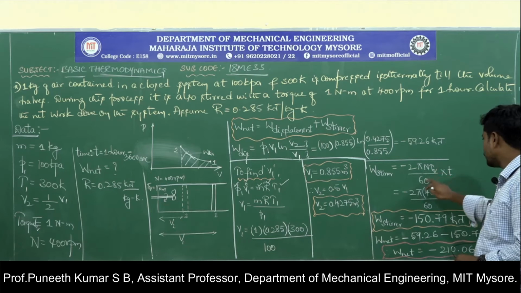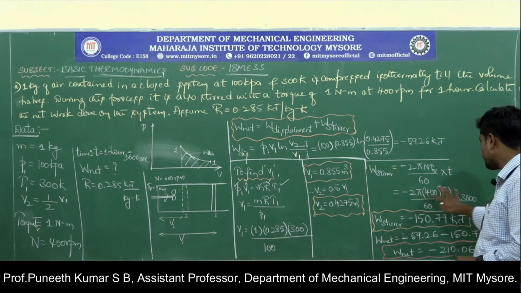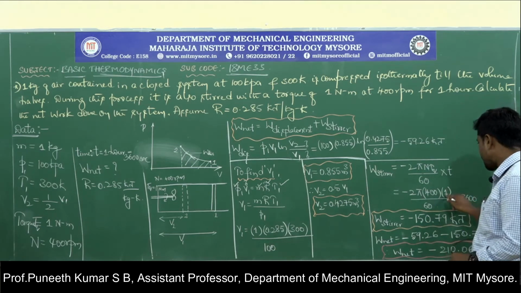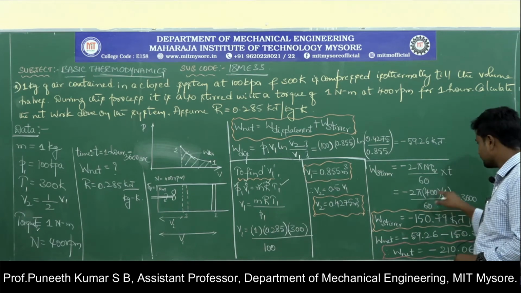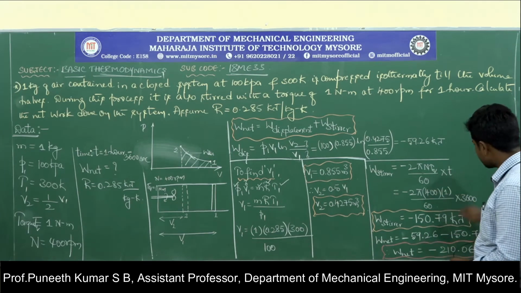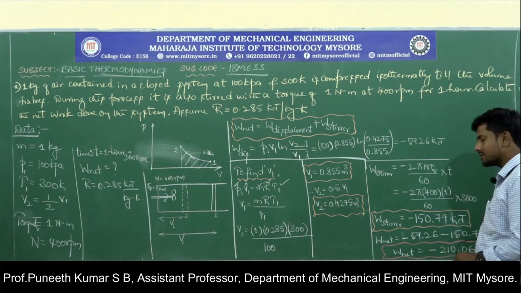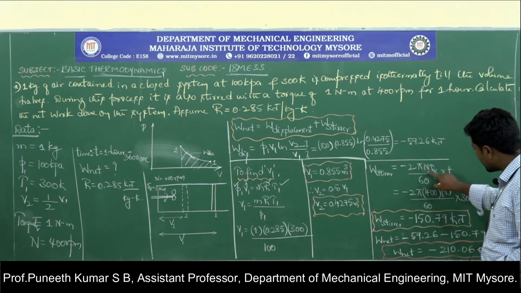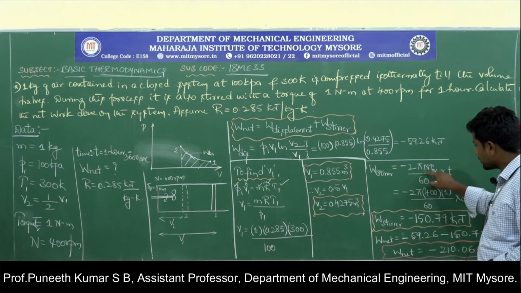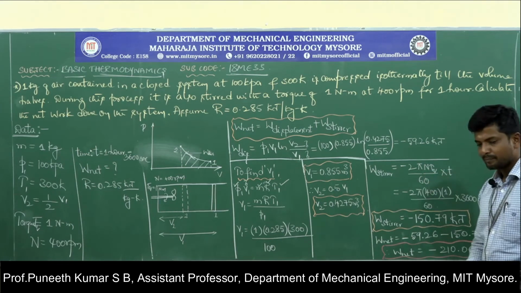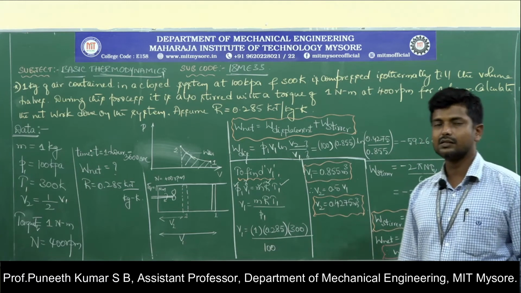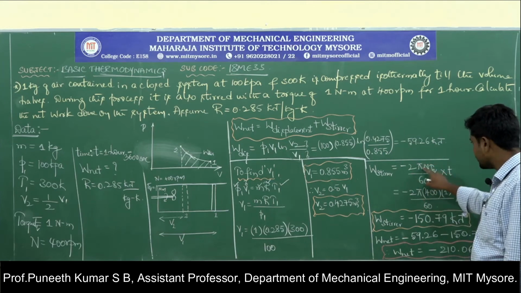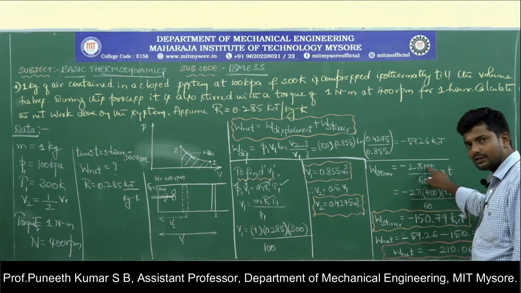So, 2 pi N T_Q by 60 into t, substituting everything: N in RPM, torque T_Q in Newton meter, and time in seconds. Why? Because N is in RPM, rotations per minute, and dividing by 60 gives rotations per second, RPS. So it is in terms of seconds, even though we substitute RPM initially.